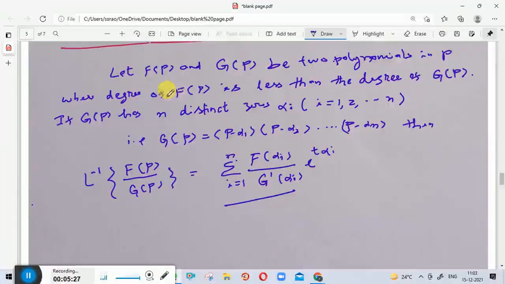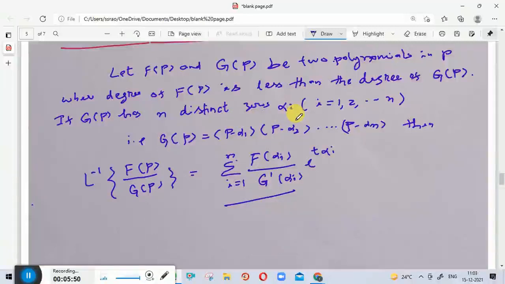Here f of p and g of p are two polynomials where the degree of f of p is less than the degree of g of p. That is, the fraction f of p by g of p is a proper fraction. Also, g of p, that is the denominator of this fraction, has n distinct zeros, alpha i.